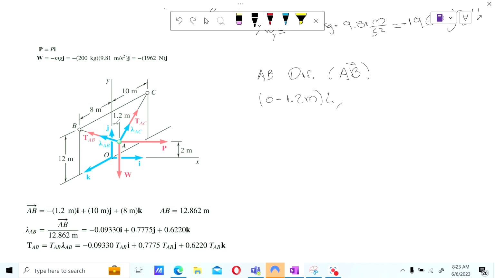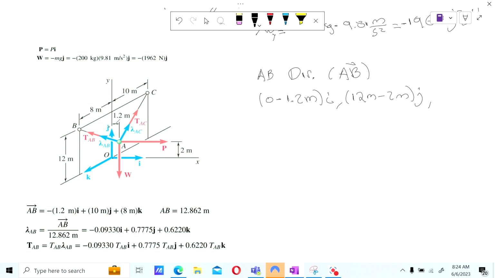So we have coordinate 12 meters minus 2 meters in J, comma, and in Z it's head minus tail.